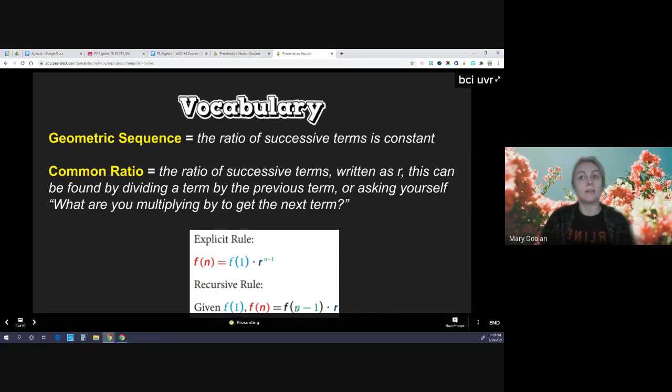And this should make sense because it's basically saying this question. So this question here, what are you multiplying by to get to the next term? What do you multiply the previous term by so you get the next term? And so if I'm trying to find a term, then I look at the one before it and I multiply it by the ratio. Okay.